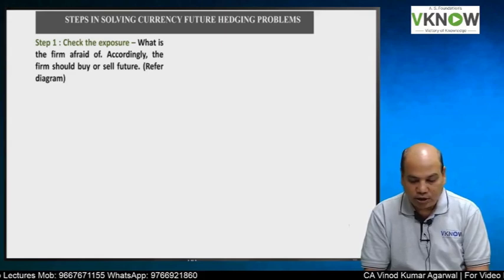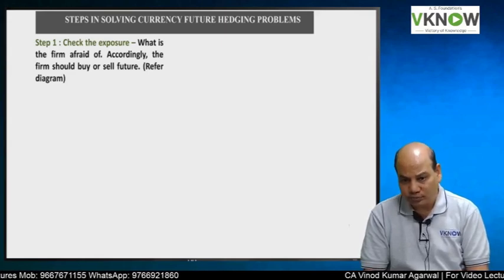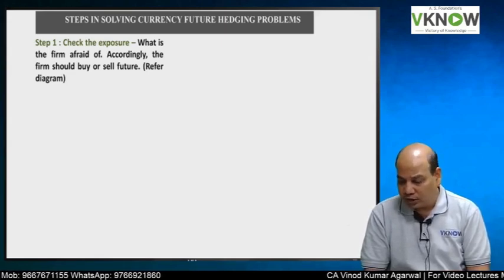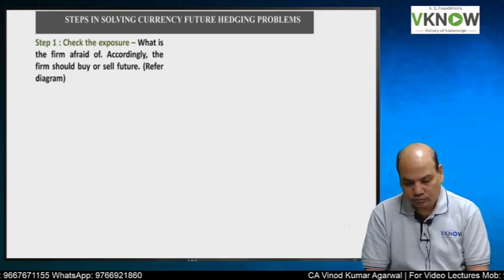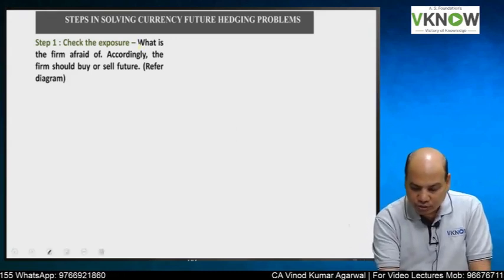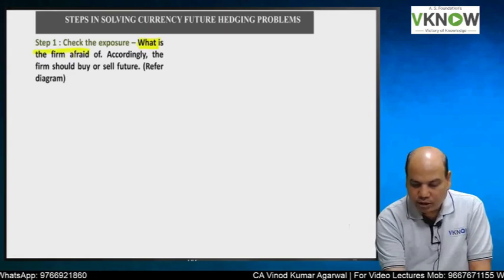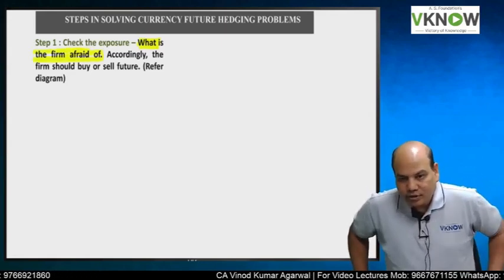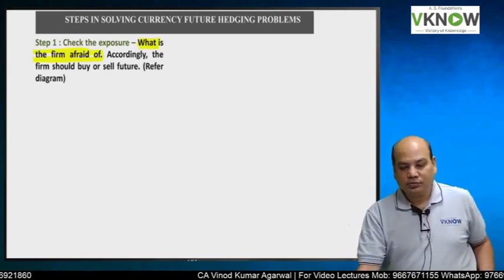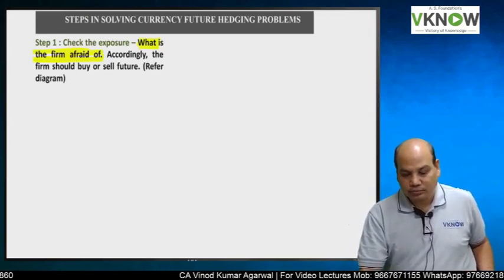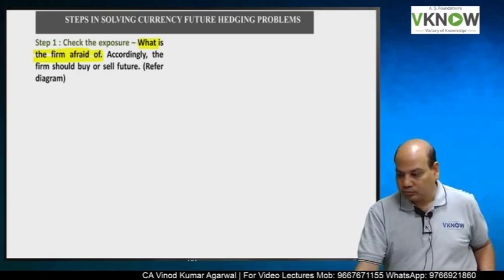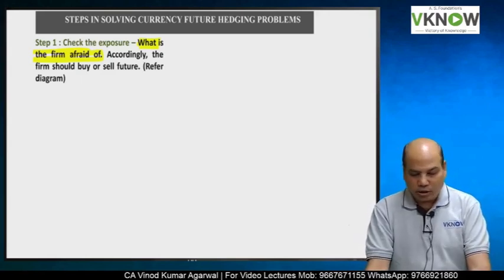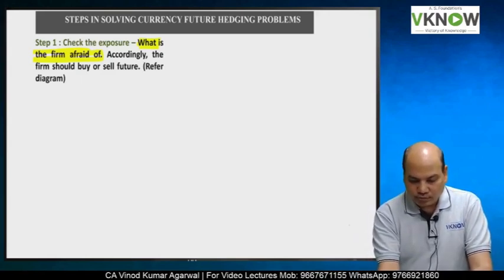So step 1, write down, check the exposure. Check the exposure means what is the firm afraid of? What is your risk? Accordingly, the firm should buy or sell future.